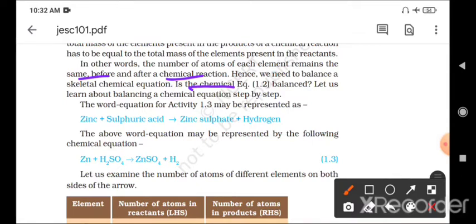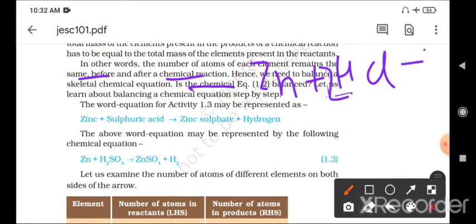The word equation for activity 1.3 may be represented as follows: zinc granules react with sulfuric acid. Zinc plus HCl gives zinc chloride, or zinc sulfate we can write. Which gas is liberated when zinc reacts with HCl?